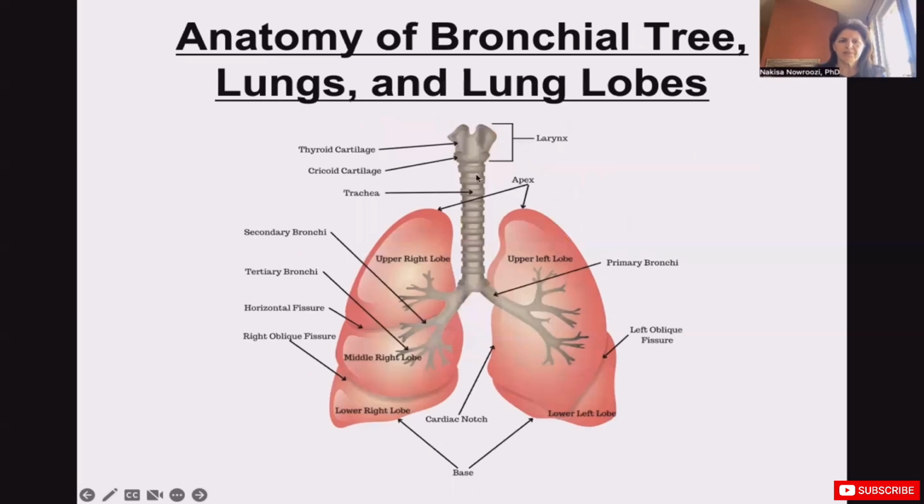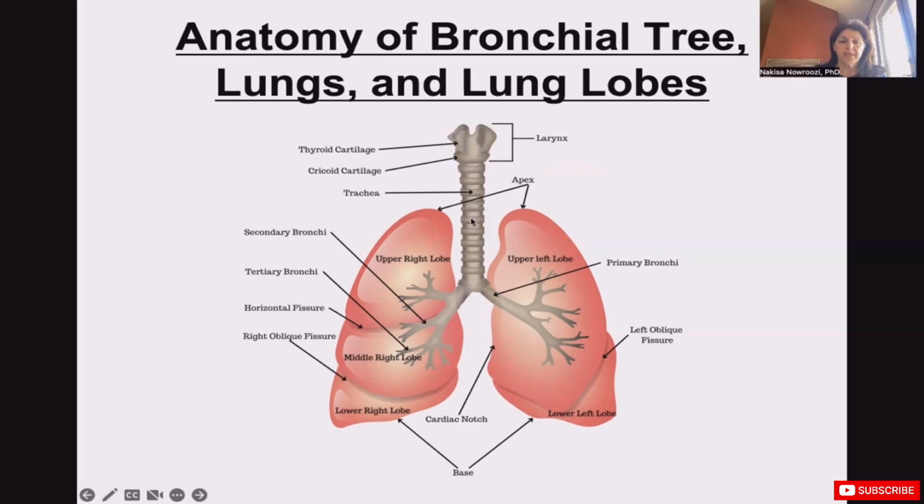It's called larynx, and it starts with thyroid cartilage, and it ends with cricoid cartilage. Then you have the hyoid bone here also. Hyoid bone, thyroid cartilage, and cricoid cartilage make the larynx.